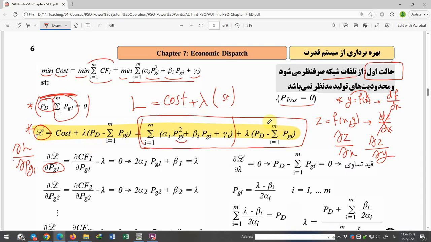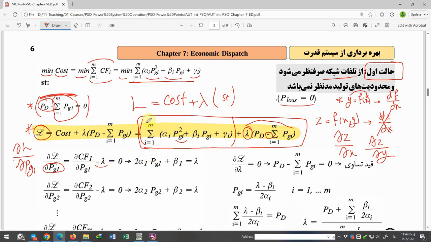If you want to make a derivative from this term, the lambda and this minus comes out.